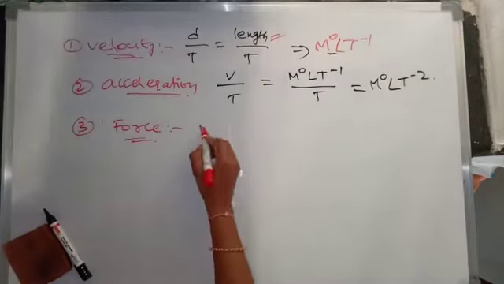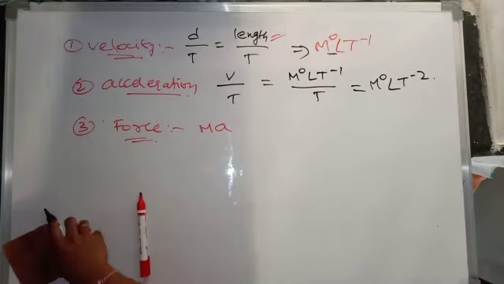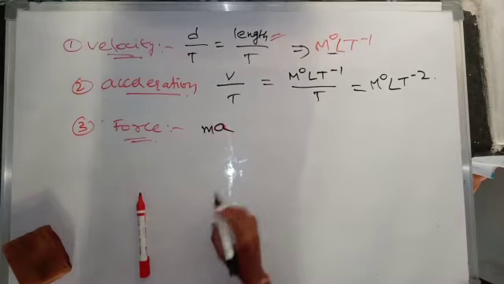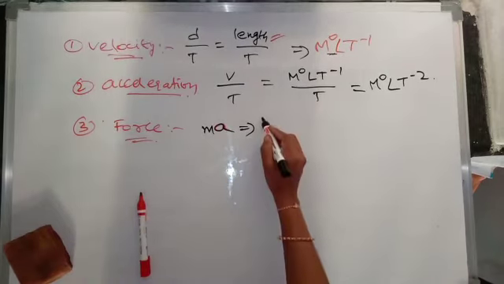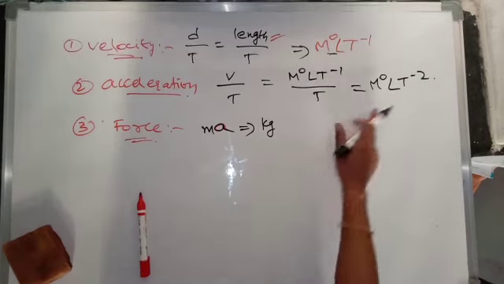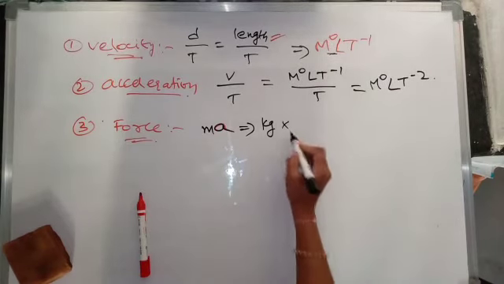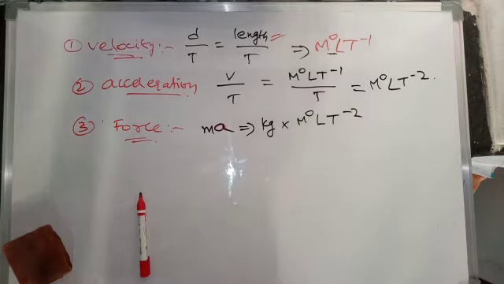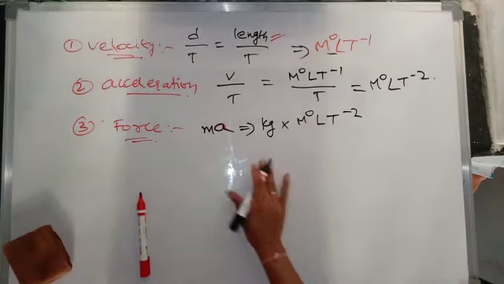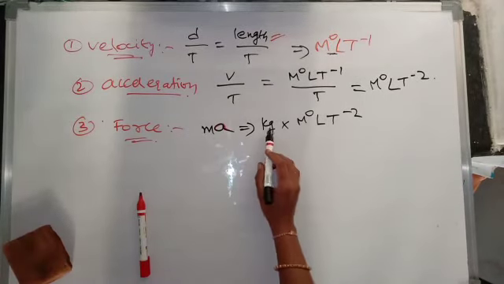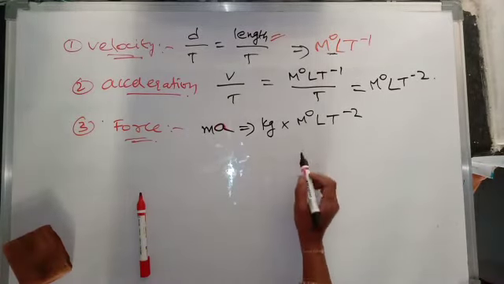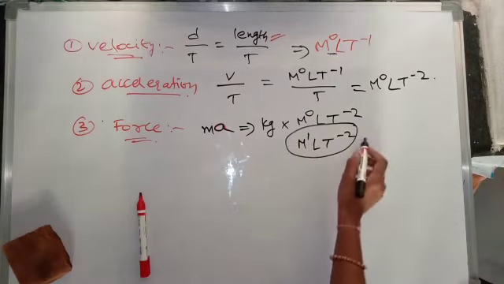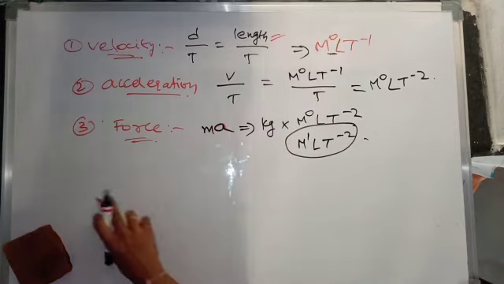The expression for force is mass into acceleration. Mass is measured in kg, and for acceleration we already have the dimensional formula, M naught L T power minus 2. Kg is mass, so M power 1, and M power 0 times that becomes M power 1 L T power minus 2. This is the dimensional formula for force.